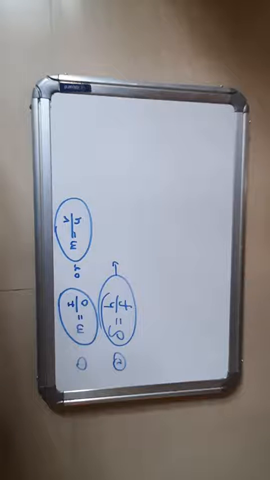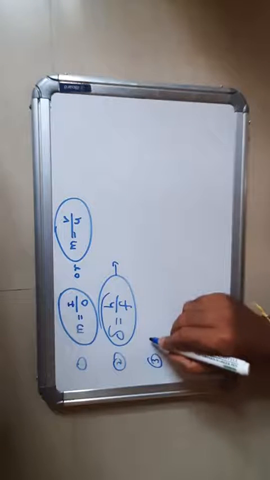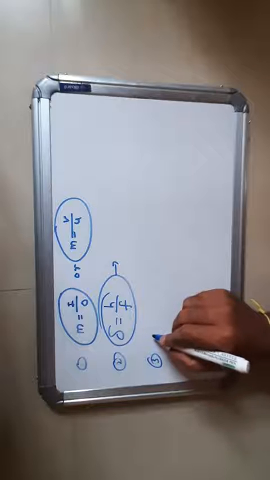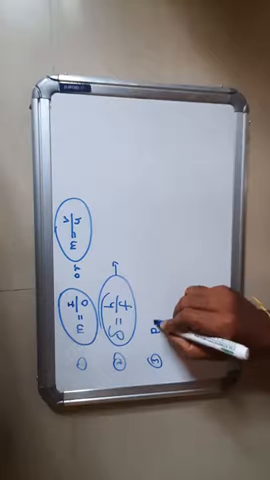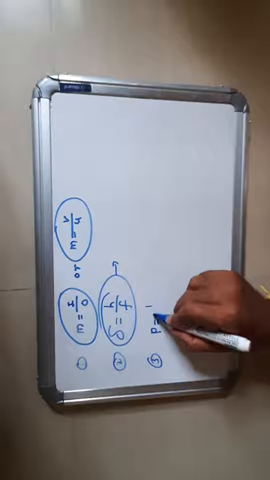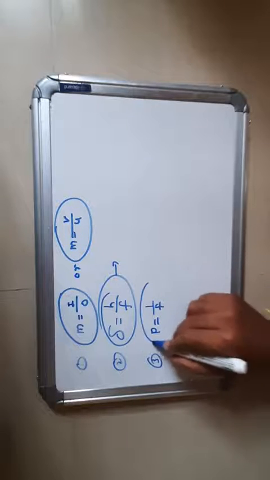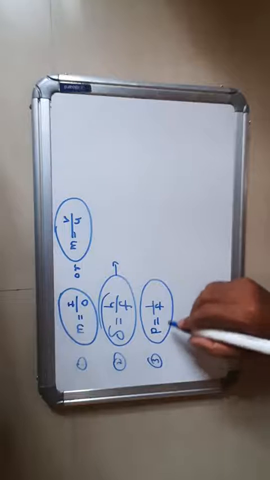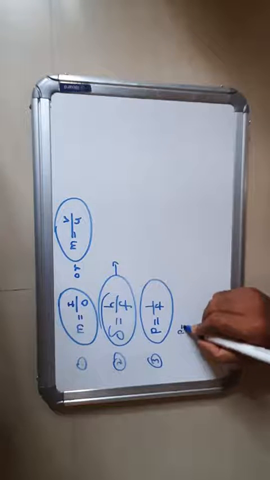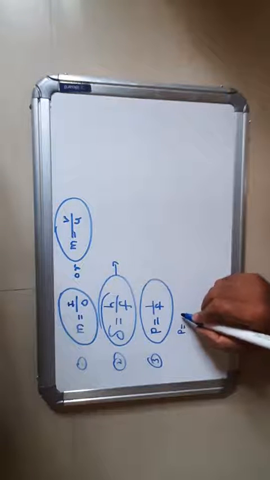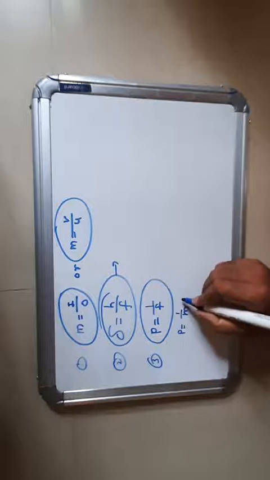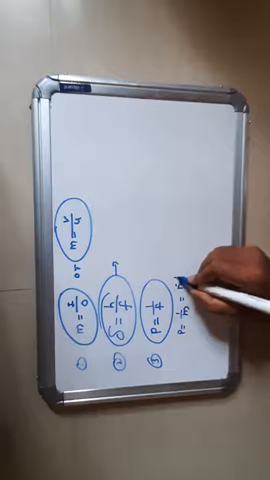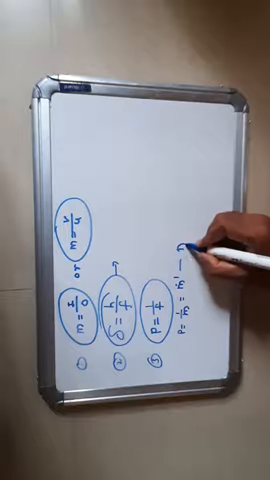Okay, then we discuss the third term, the power of the thin lens. Power of the thin lens is denoted by letter P and is equal to the reciprocal of the focal length. Power of the thin lens is defined as the reciprocal of the focal length of this lens, and the unit of this power of the lens is 1 by m, meter inverse, and is also called the diopter.